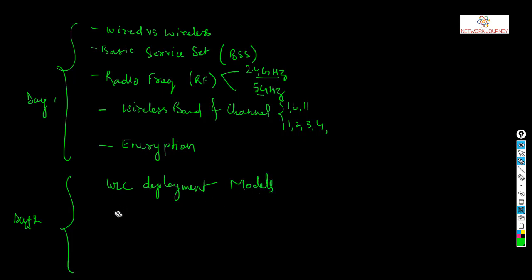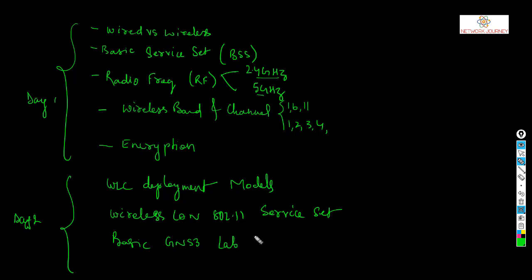We have something called wireless LAN 802.11 service set, and we have a basic GNS lab, where I'll demonstrate the overview of WLC, the controller. That's all. That will end your wireless syllabus.